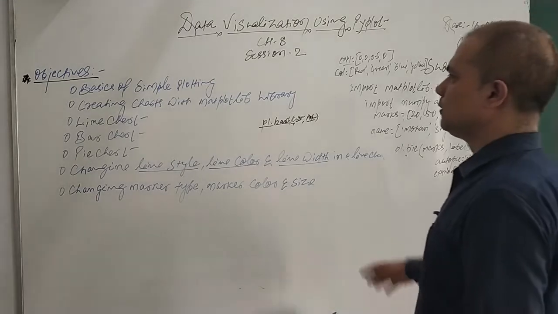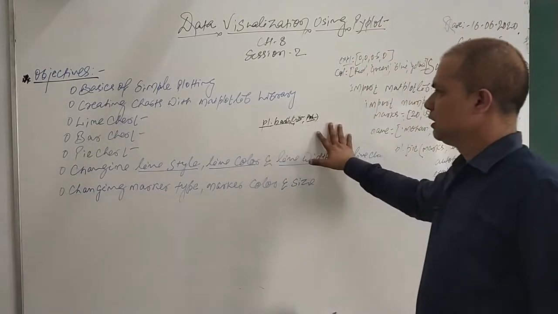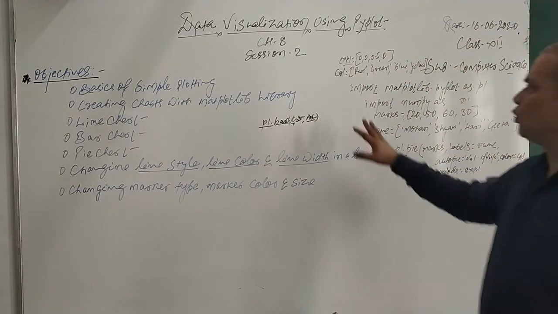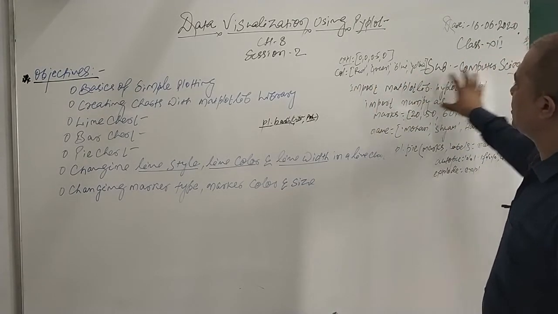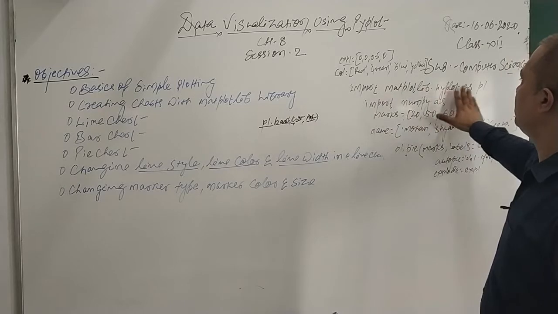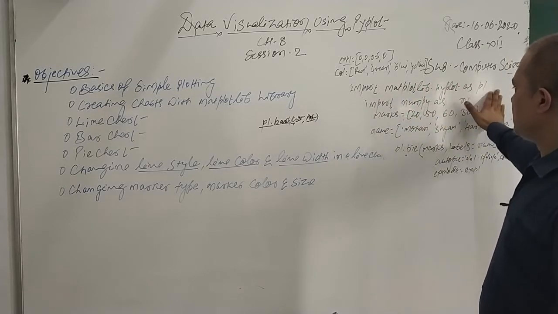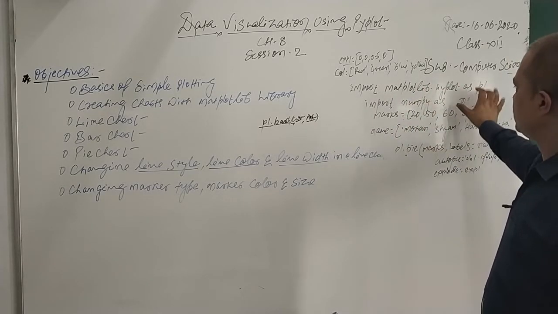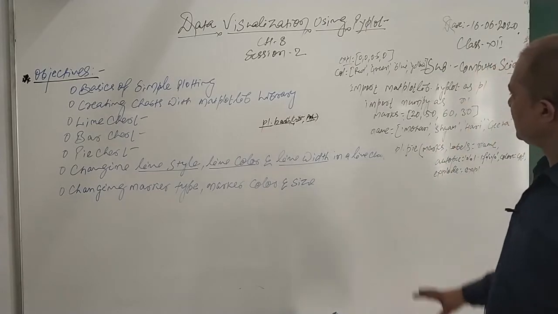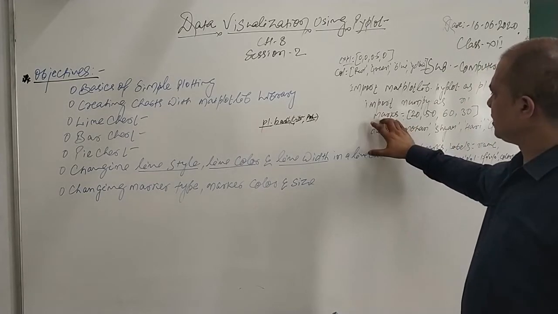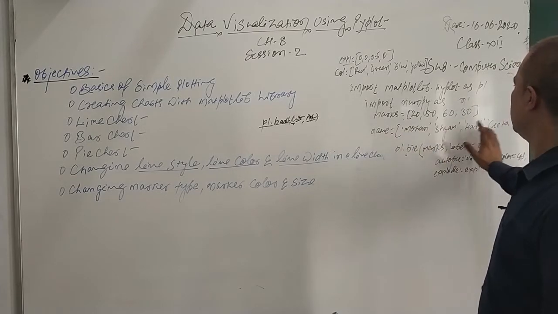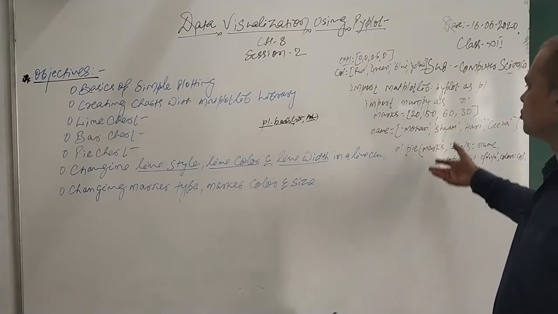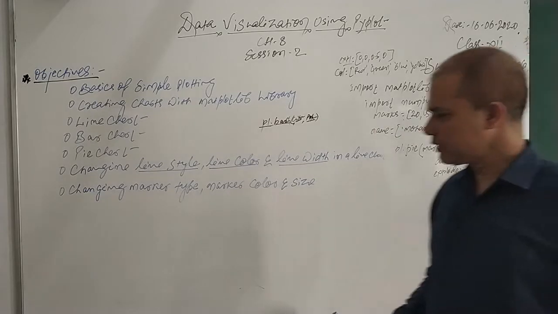Now, in the case of a pie chart, the process is more or less the same. These two libraries must be imported: matplotlib.pyplot as plt and import numpy as np. These two will always be there. Then I have data called marks: 20, 50, 60 and 30, and I have names Mohan, Syam, Hari and Gita. Now I want to draw a pie chart, and I'll show you what kind of pie it will be.